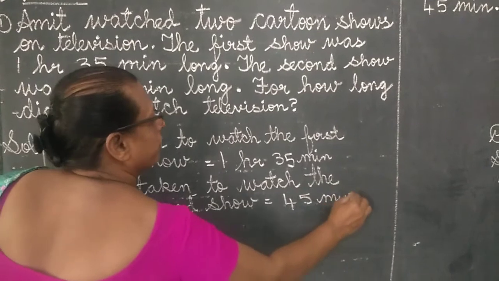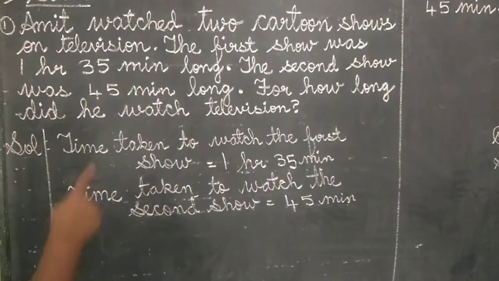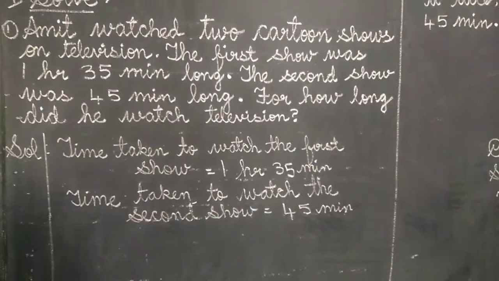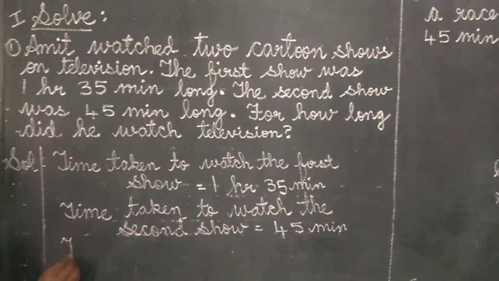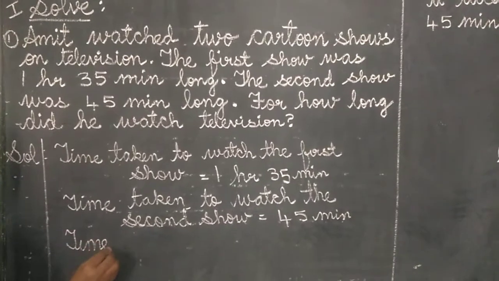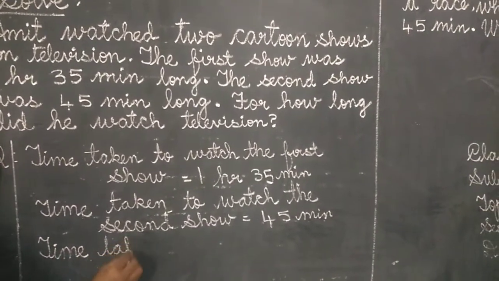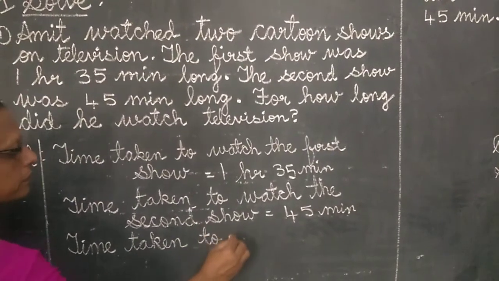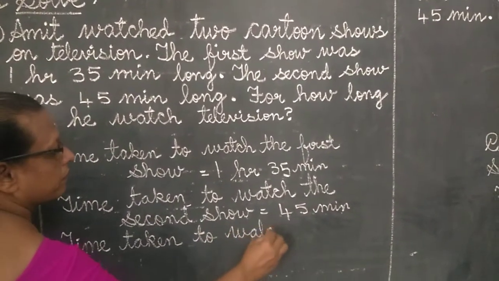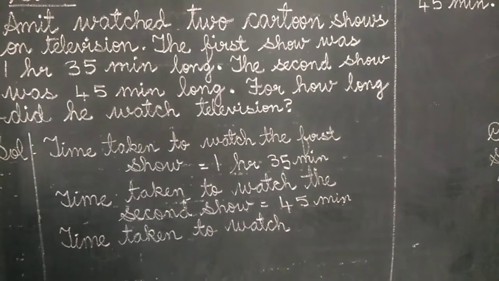So see here they have asked, for how long did he watch television. So what you have to do, you have to add, children. So see, time taken to watch both shows.